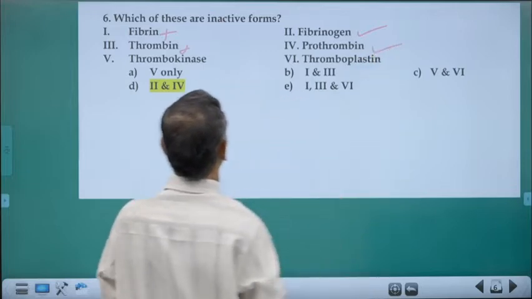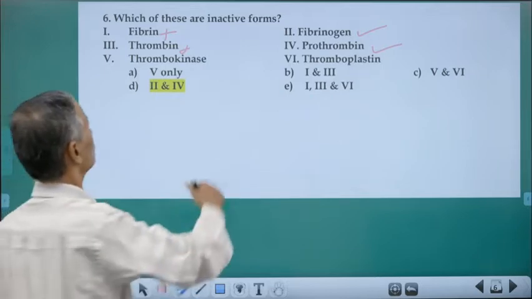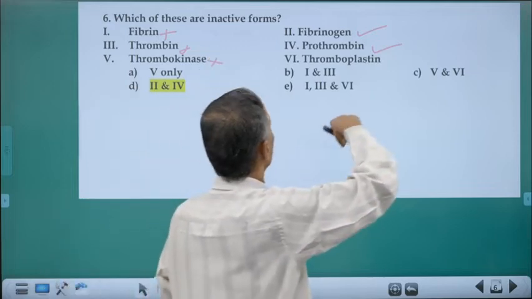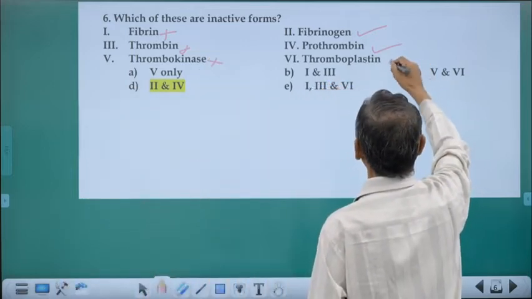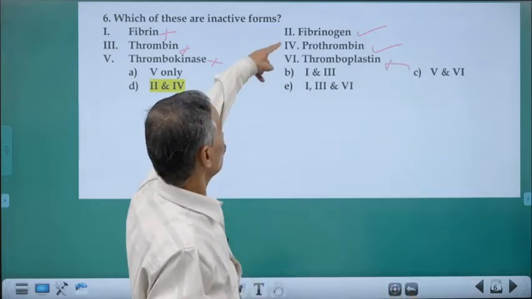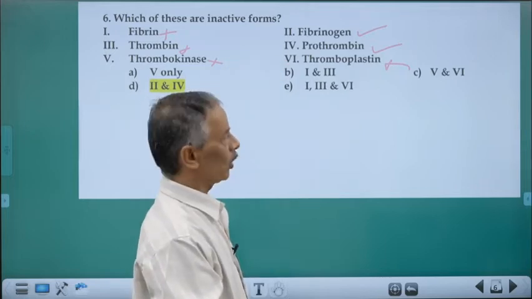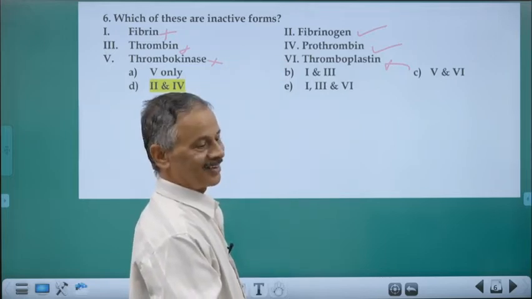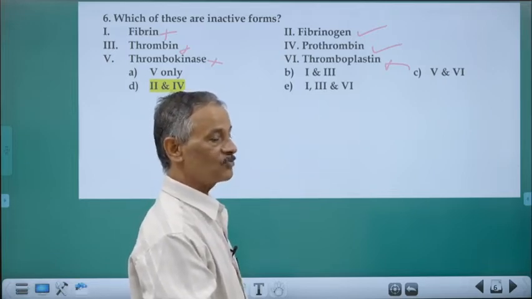Prothrombin is inactive. Thrombokinase is an activating enzyme that converts prothrombin to thrombin. It is an active one. Thrombokinase is also called thromboplastin. It is an active one. So, those which are inactive are 2 and 4. Okay? 2 and 4.